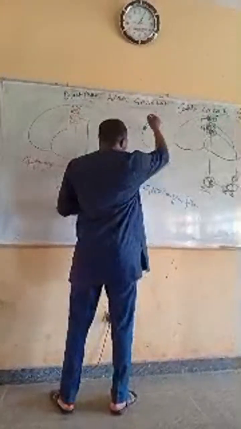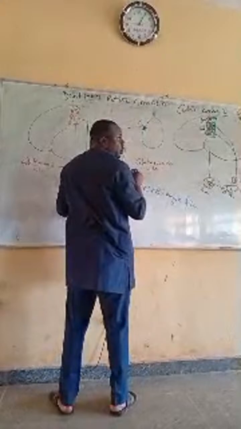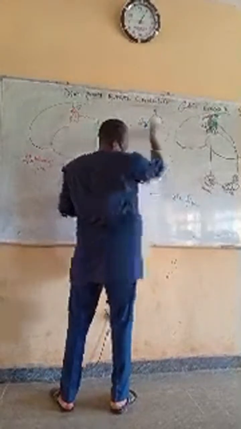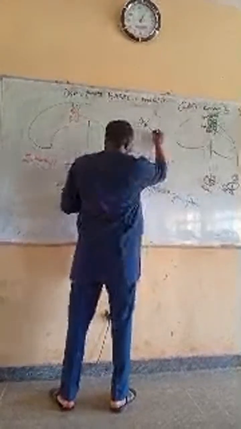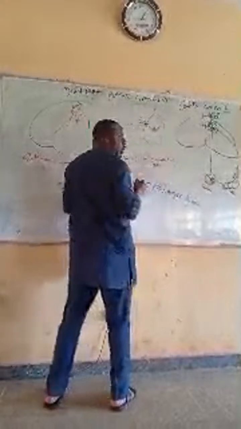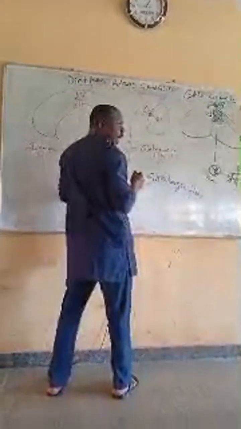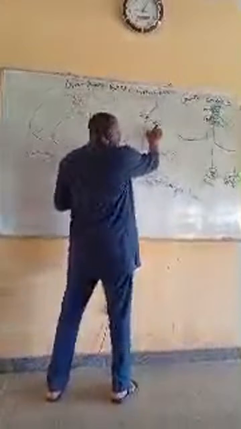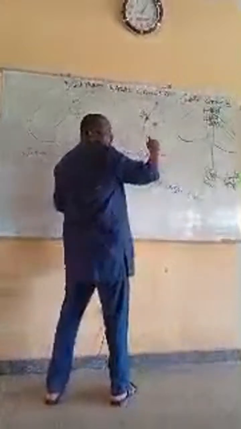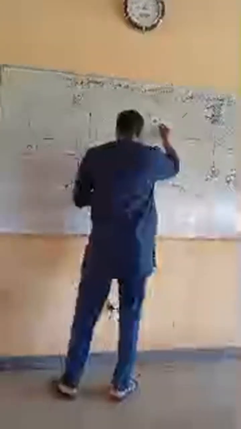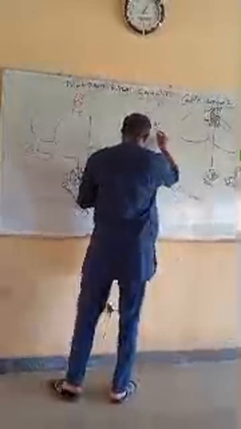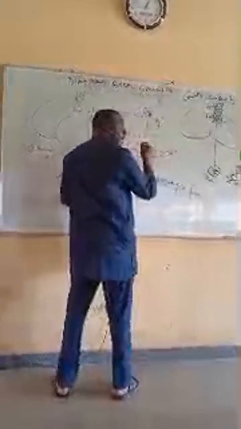When glutamate binds to this channel, what does it do? It opens up this channel and allows for the influx of what? Sodium ion, positive ion. This ion will make this neuron to be what? Electropositive, which will now result in the generation of the threshold potential, right?